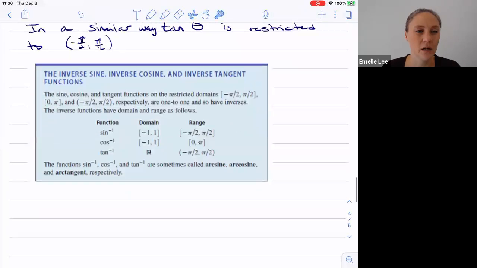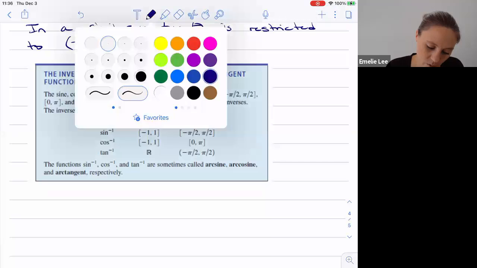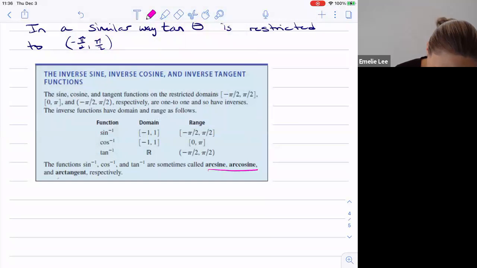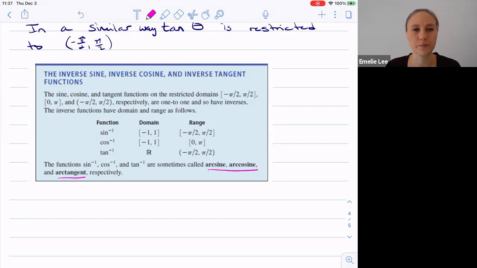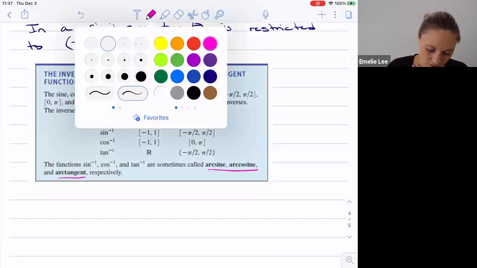So here, this is a summary of what we just talked about, but what I also wanted to highlight was that inverse sine or sine inverse, we can also call arc sine, and then cos inverse or inverse cos is arc cosine, and arc tangent, of course, is the inverse of the tan. So I just wanted to highlight that we can call those pretty well by 3 different names, and they all mean the same thing, right? It's the inverse.